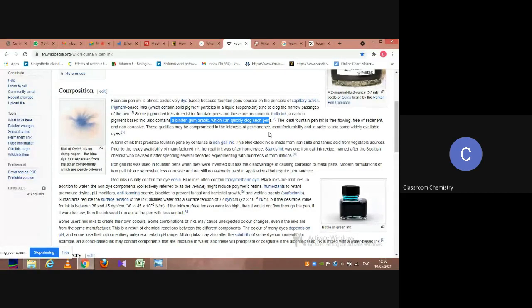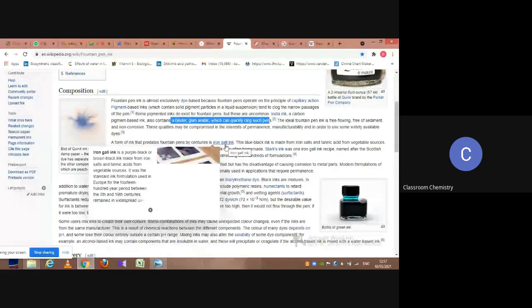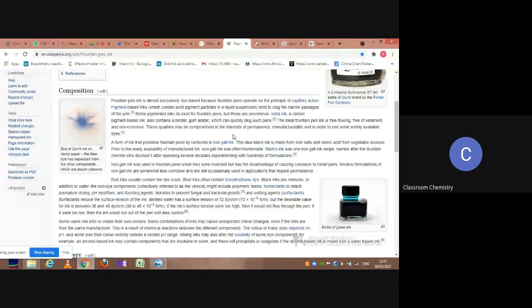Okay, so you have to prepare your own composition to get the good quality ink. For example, next is a form of ink that predates fountain pens by centuries, iron gall ink. आता थोडी हिस्ट्री आहे, ठीक आहे, तुम्ही हिस्ट्री वाचू शकता. हिस्ट्री आपल्याला काही एवढी गरज नाहीये. आपलं मेन काय आहे तर इंक आहे आणि त्याचं कॉम्पोजिशन आहे.